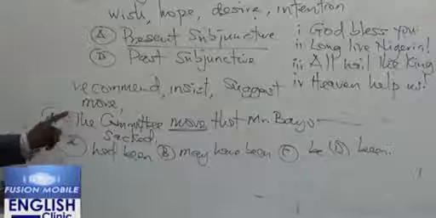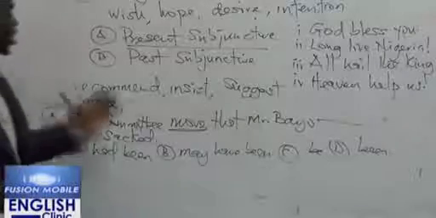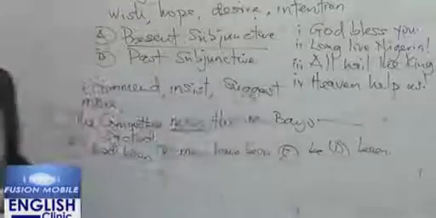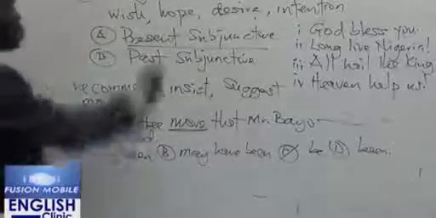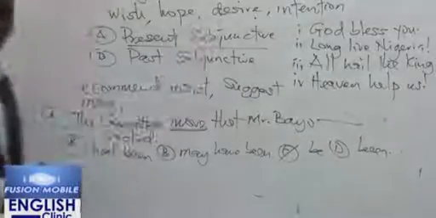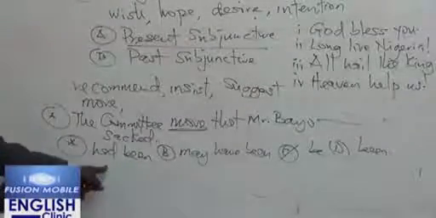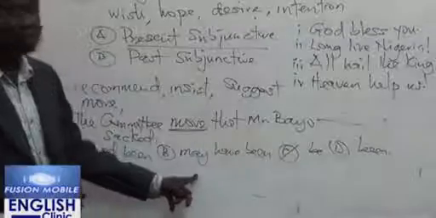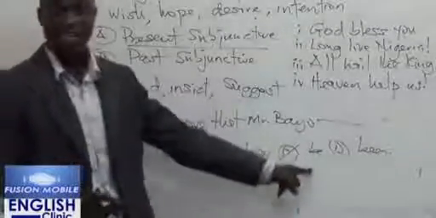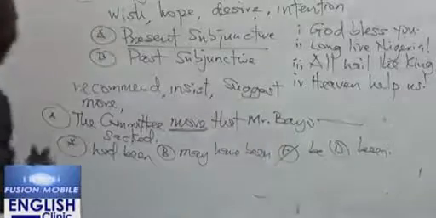So this sentence is better when I say the committee moved that Mr. Bayo be sacked, not had been sacked, not may have been sacked, but the committee moved that Mr. Bayo be sacked.